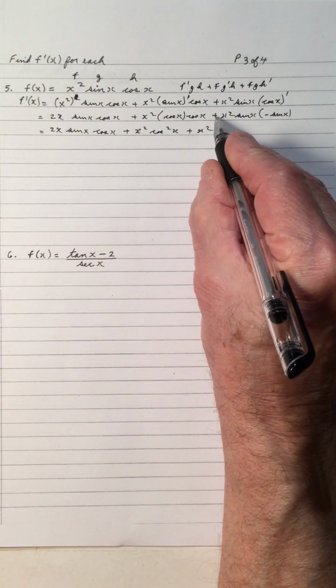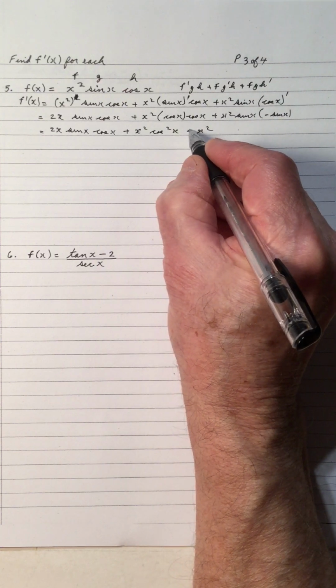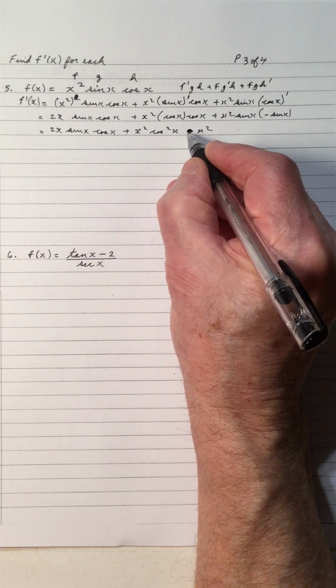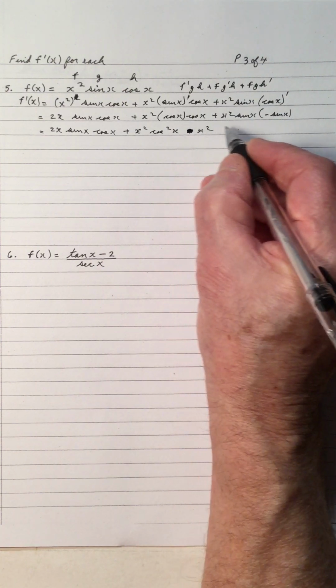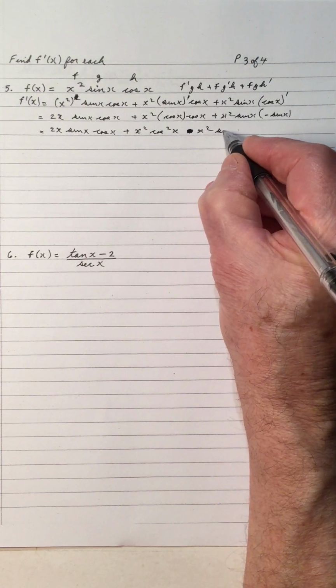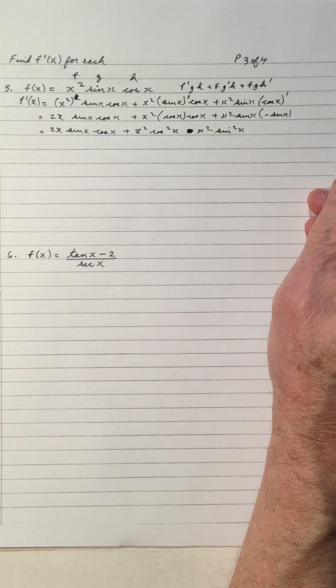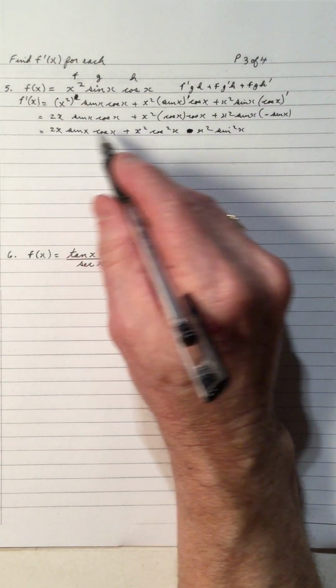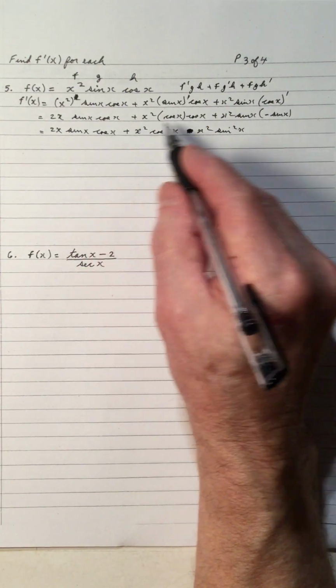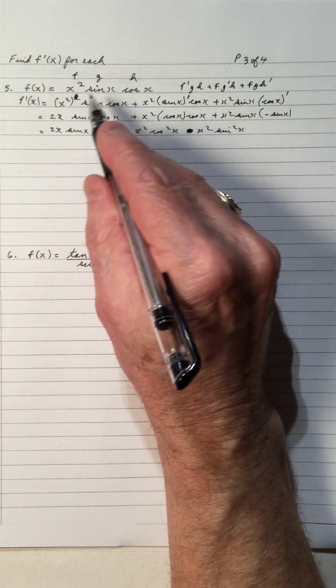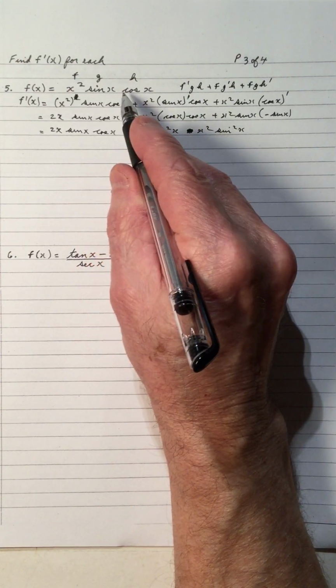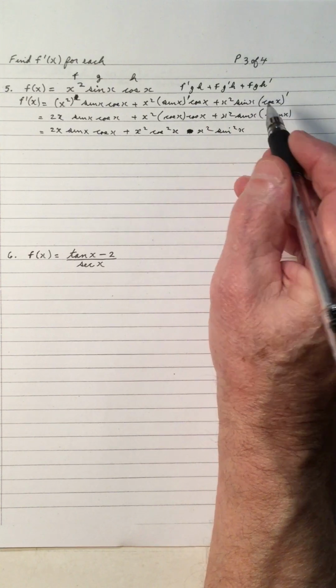Oh, that's a positive times a negative, so that's a negative there. There's the negative, and that's sine squared x. And again, you could take an x out by factoring, but that's the derivative of this. When you do the derivative of 3 different functions, again, you see the pattern here.